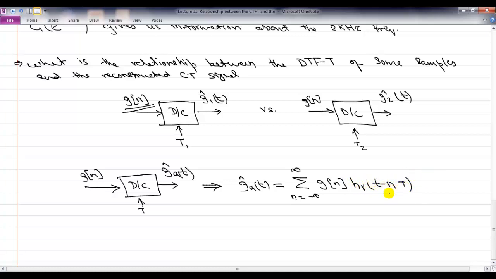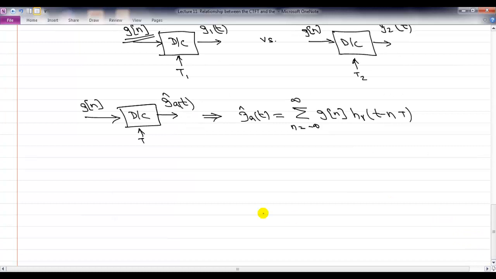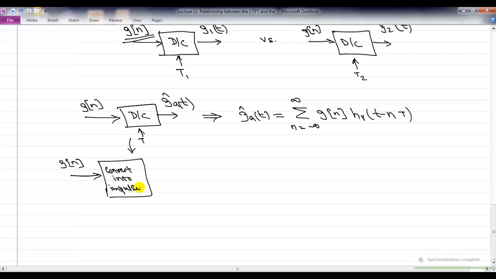Mathematically, what we had done was that we had broken this block into two pieces. We had said that you first convert this G of n into impulses with period T to get G p of t, and then you pass it through what we called a reconstruction filter.